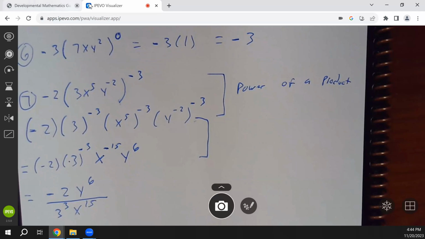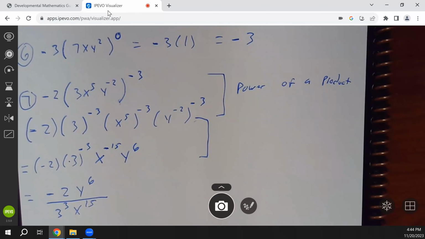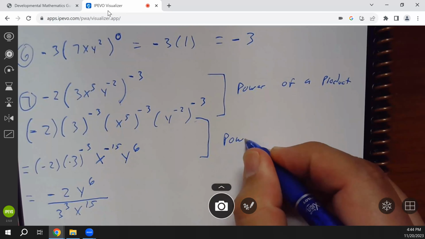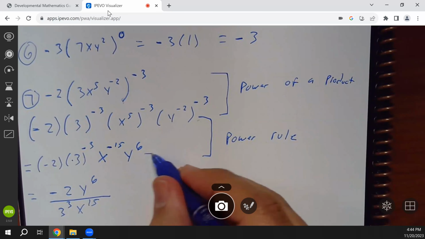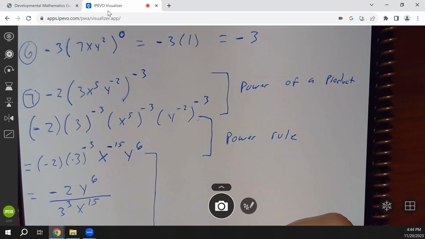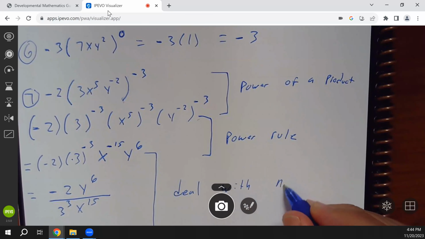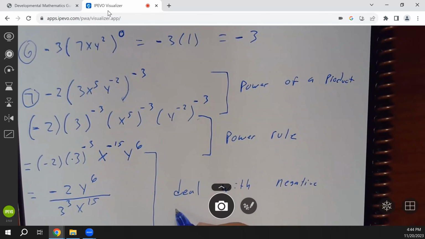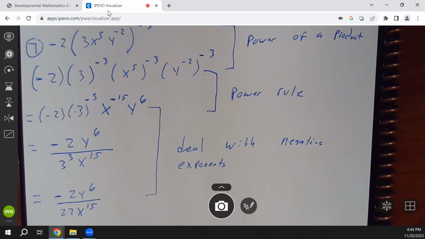Here we did the power rule. Then here to there, with the negative exponents. Are there any steps that didn't make sense? Is that okay?